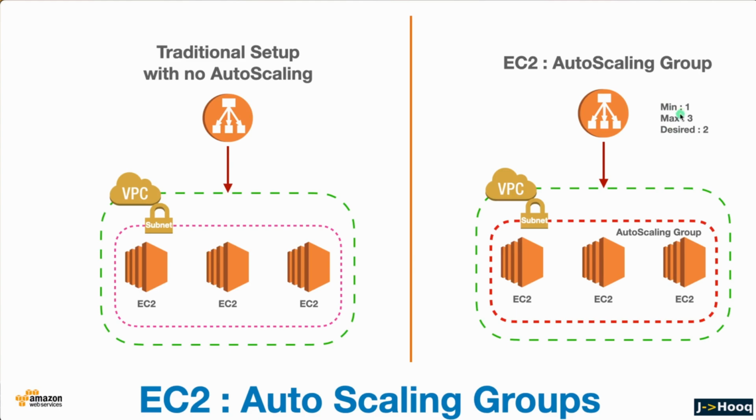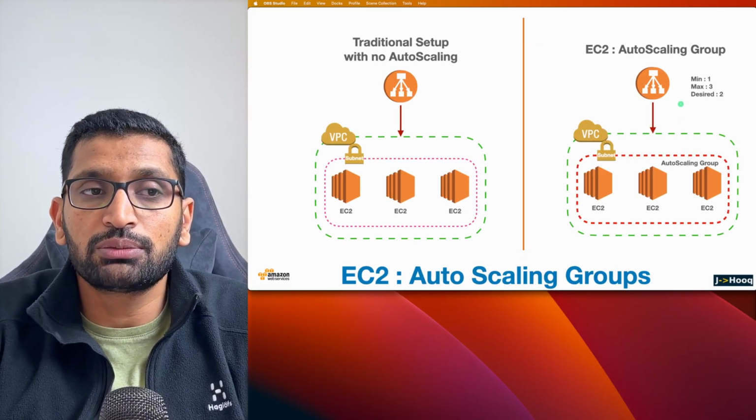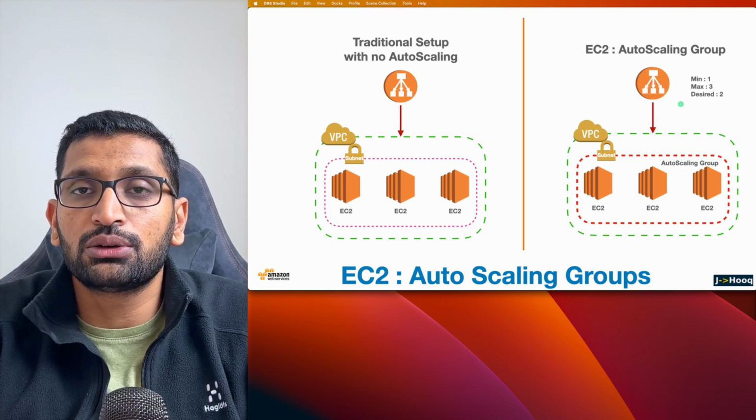You can put 10 or 20, it's up to you and how heavy your application is. In that auto scaling group, you configure these values so that it knows how many EC2 instances it needs to provision to cater to those requests. That's the difference between the traditional setup and the EC2 auto scaling group.